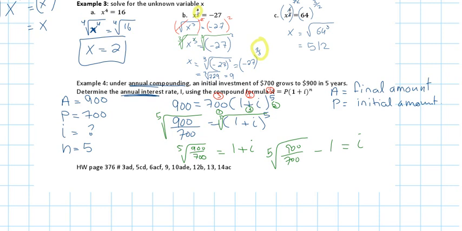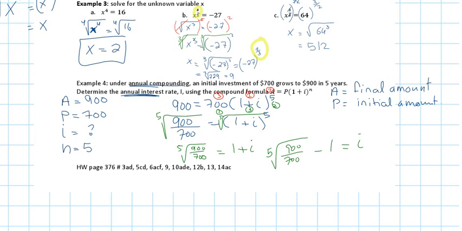Okay, now do 900 over 700. Okay, delete this. So you do shift and this button, 5, yeah, 900 divided by 700. Now go outside the root. Minus 1. Yep. So what do we get?